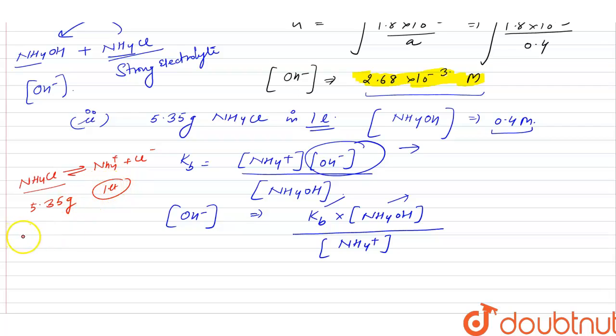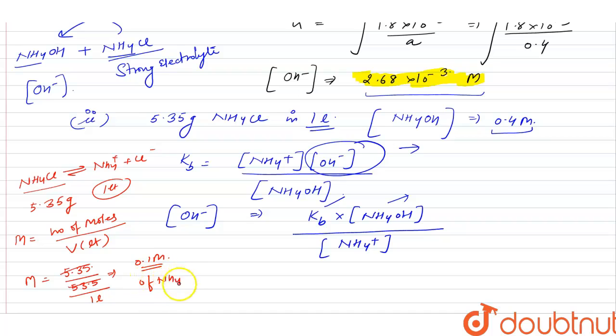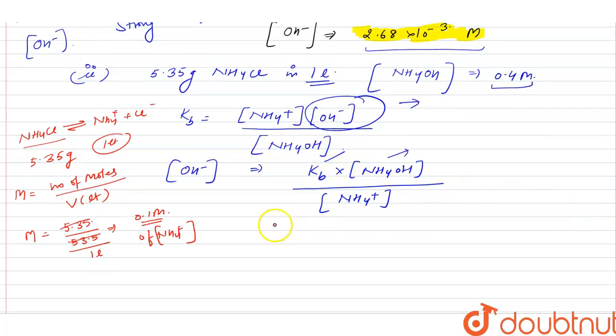Molarity equals number of moles upon volume in liters. For number of moles we have mass, that is 5.35, and molar mass of NH4Cl is 53.5, upon 1 liter. When we calculate it, we get 0.1 molar concentration of NH4 positive.